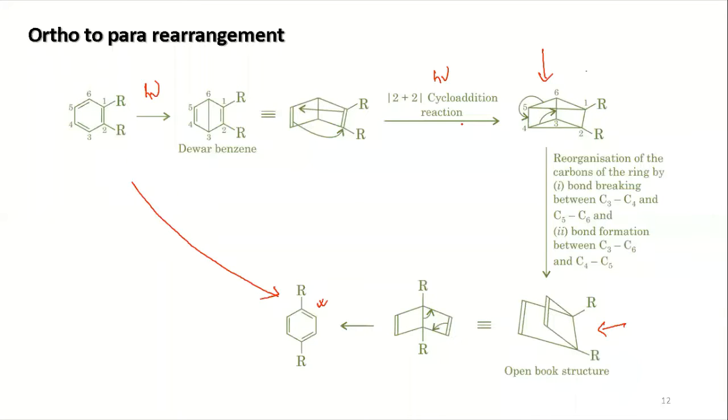If you are more interested, we'll have more discussion on this, because a lot of reactions are there. I'm just telling you how the ortho-para or ortho-meta orientation happens, and these are possible via the photochemical route. So this is the message I want to convey.